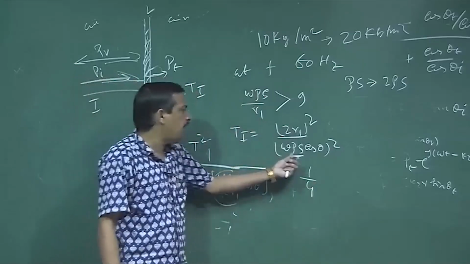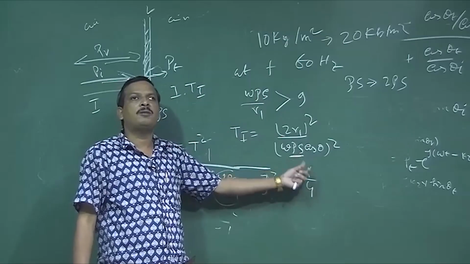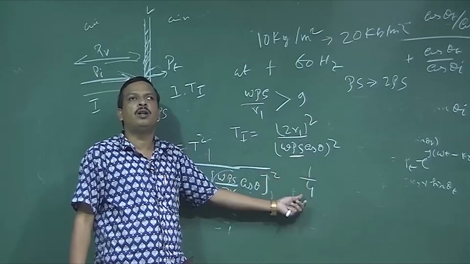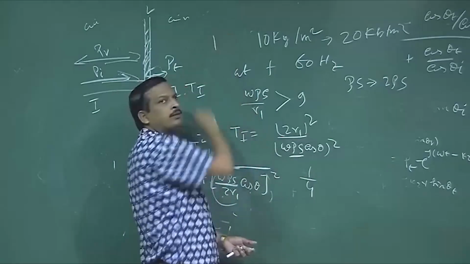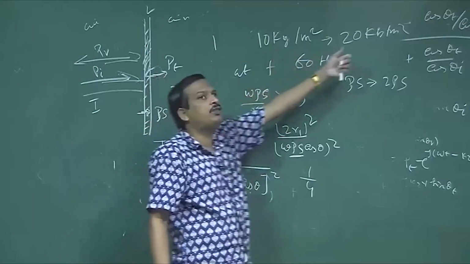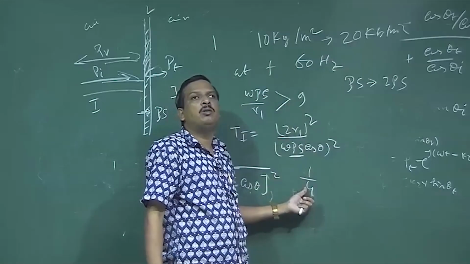So, every time I double the surface density, the transmission coefficient will be reduced by 1/4. So, instead of plywood, if I use glass with double the surface density, then it will be reduced by 1/4.